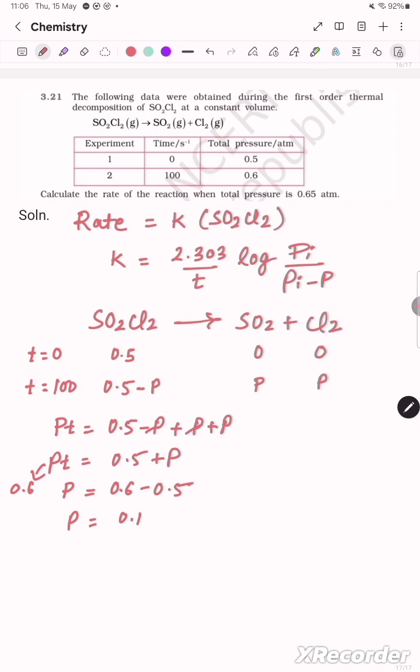So from this we calculate Pi minus P easily. When initial pressure is 0.5, Pi minus P will be 0.5 minus P, as we have calculated, that is 0.1, which becomes equal to 0.4.